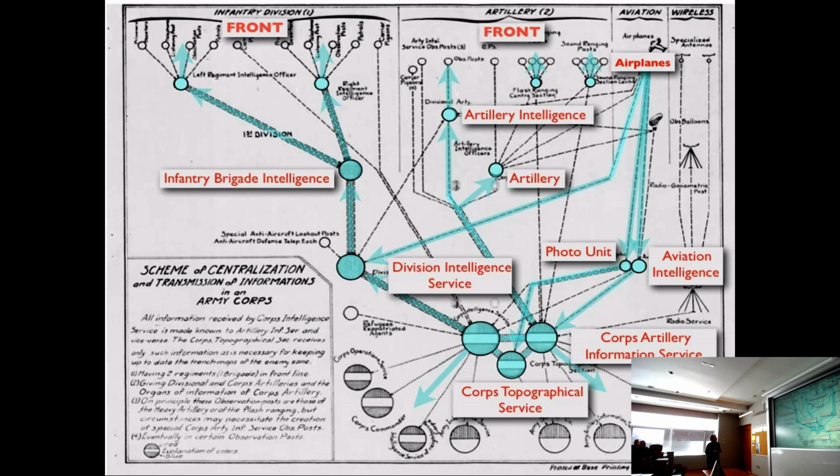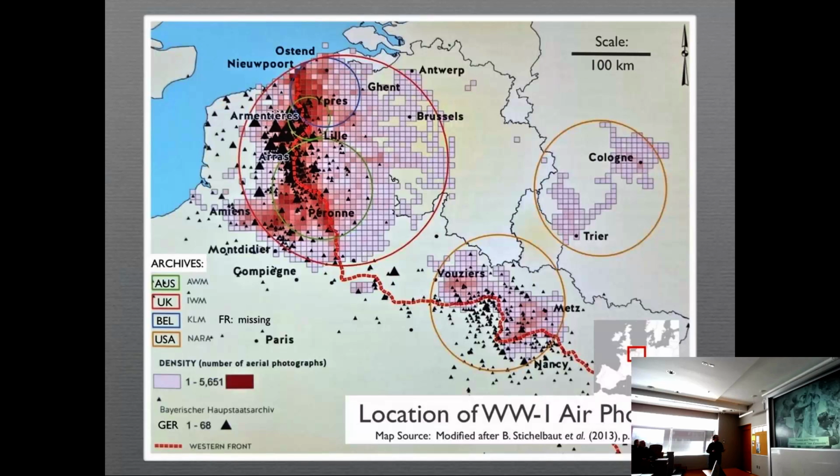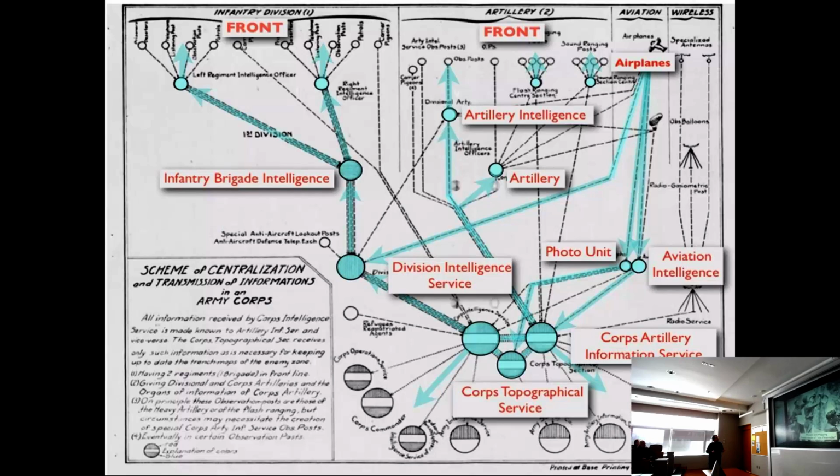Back to the infantry brigade intelligence, and from there the air photos were relayed back to the front. All of that on a very frequent and very highly organized basis. This is getting a little too fast.